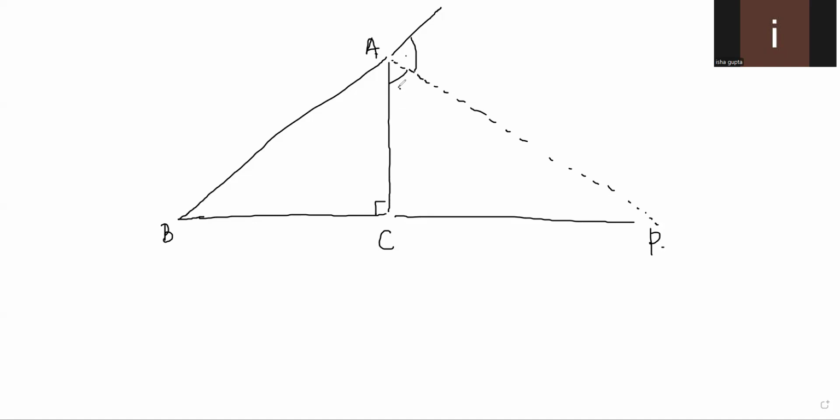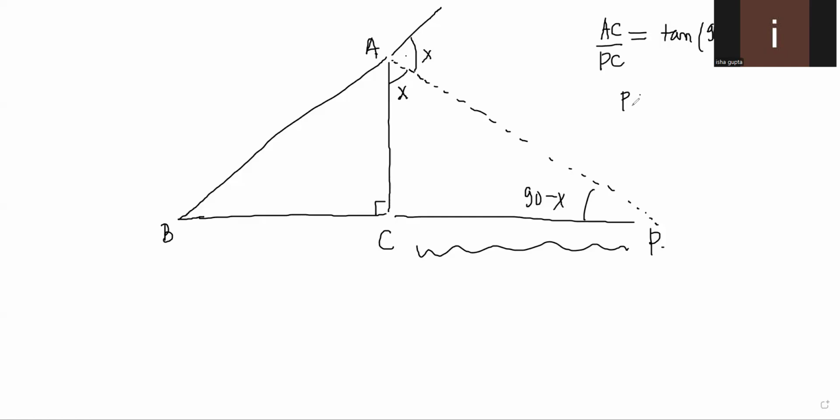If this angle is X and X, then this will become 90 minus X, and AC by PC is tan of 90 minus X, right? So we are getting PC is equal to AC by tan of 90 minus X, which is cot X. So PC is AC tan X, right?